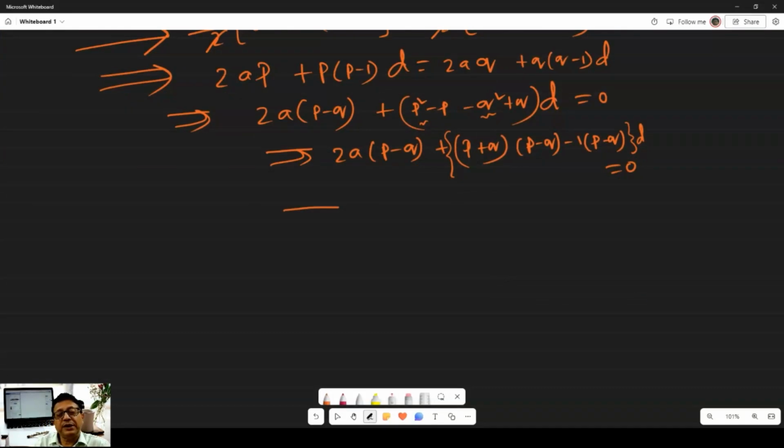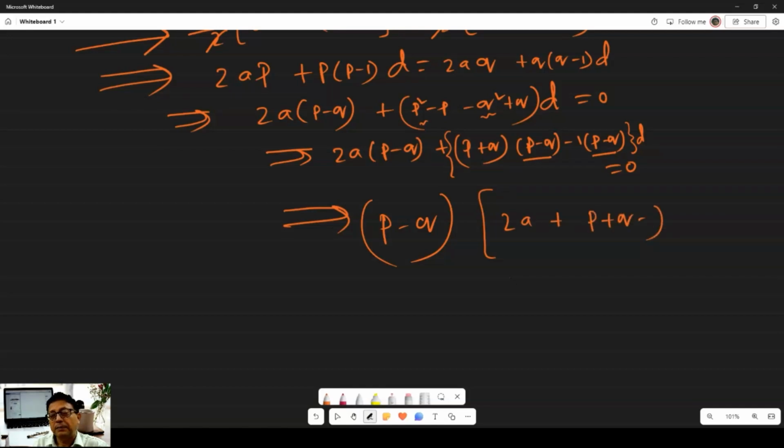Now once you got this, then P minus Q is common to each term. Can you see this? I am taking P minus Q outside. What do I get? Twice A plus (P plus Q minus 1) into D equal to 0. Understand?